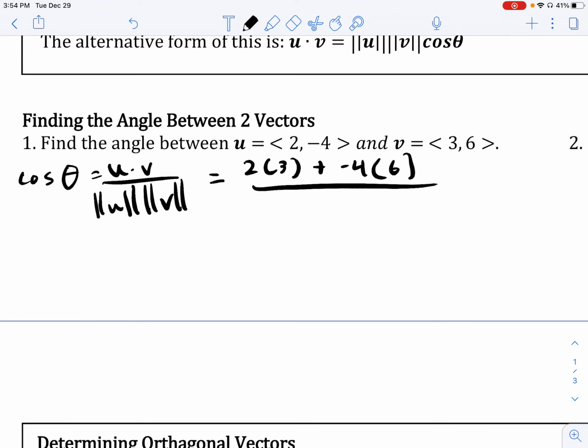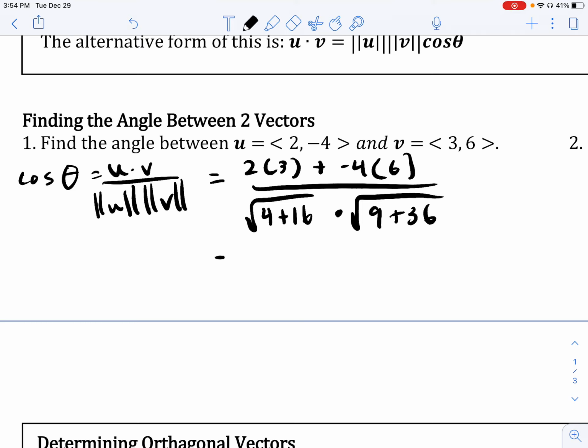And we're going to divide this by the magnitude of u and the magnitude of v. I don't need to show any separate work. We know the magnitude of u is simply the square root of 2 squared plus -4 squared. And we're going to multiply this by the magnitude of vector v, the square root of 3 squared plus 6 squared.